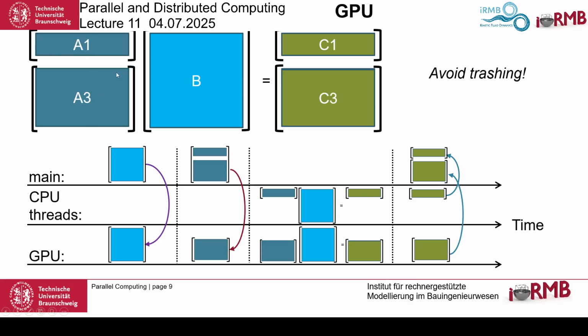So we'll split up this matrix, and it is important, we'll put only a part of the A matrix on the GPU, and we also calculate only a part of the C matrix on the GPU, such that we do not need to trash the C matrix when both of them work on the same thing at the same time, right?